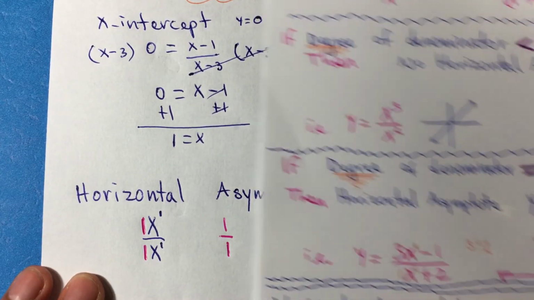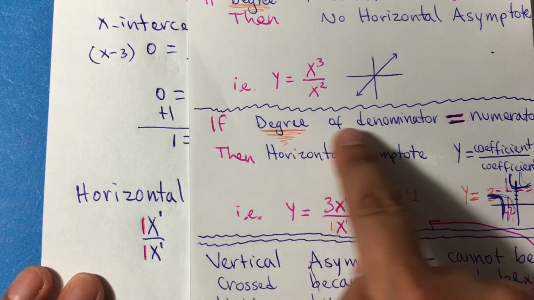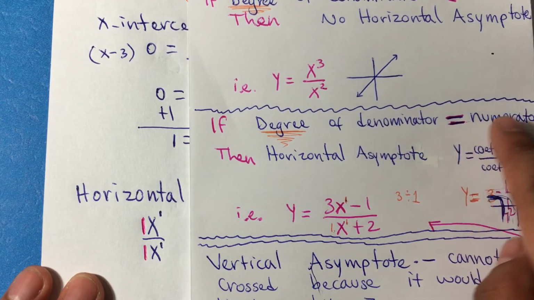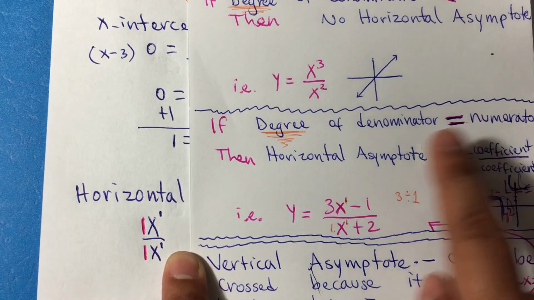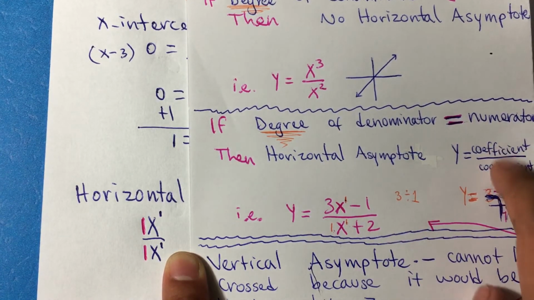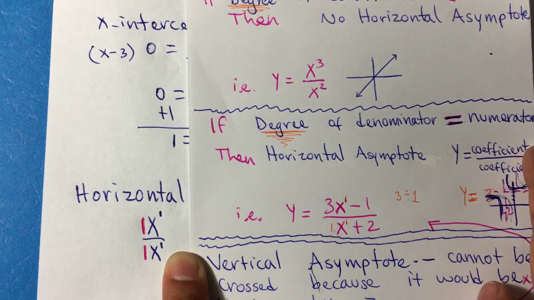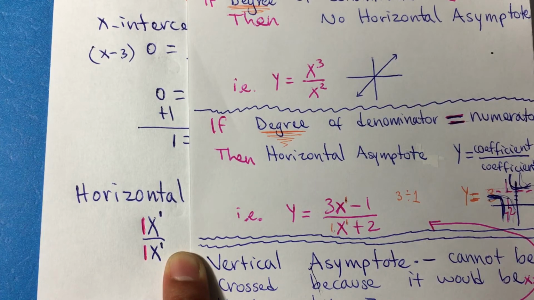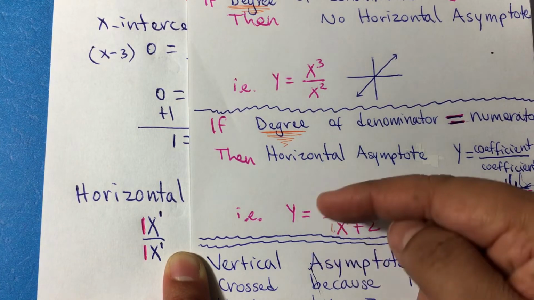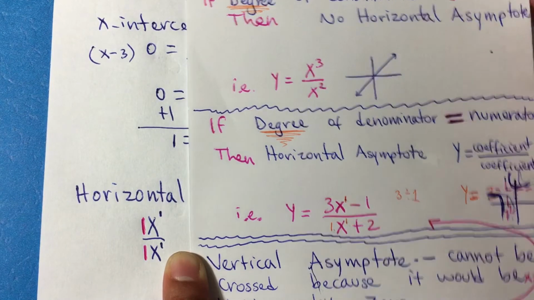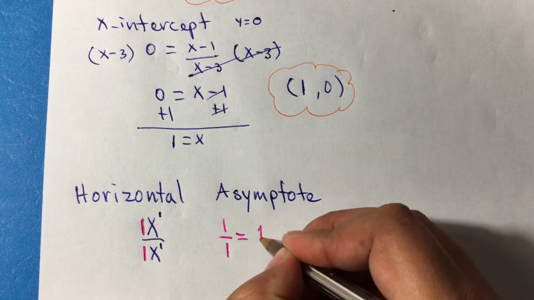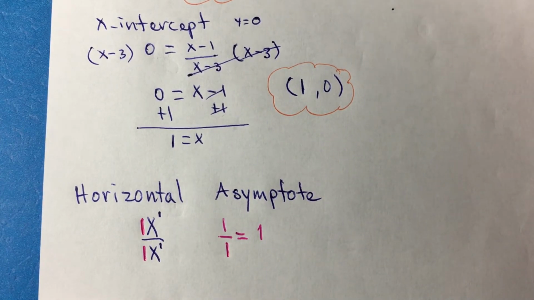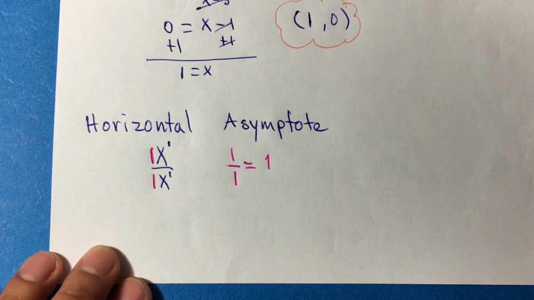Because the rule says that if the degree in the denominator is equal to the degree in the numerator, then we have to divide the coefficients. y is equal to the coefficient of the numerator divided by the coefficient in the denominator, in the same order. And here 1 divided by 1 equals 1. So my horizontal asymptote is positive 1.